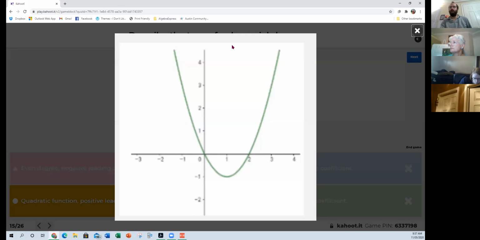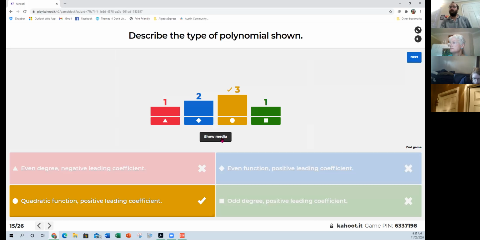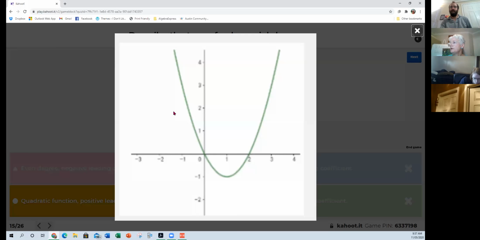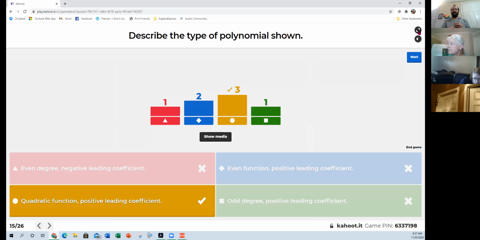First of all, this isn't an even function, because to be an even function, the y-axis would have to be its axis of symmetry, which it's not. What else were the other choices? Positive lead, we have to have that.